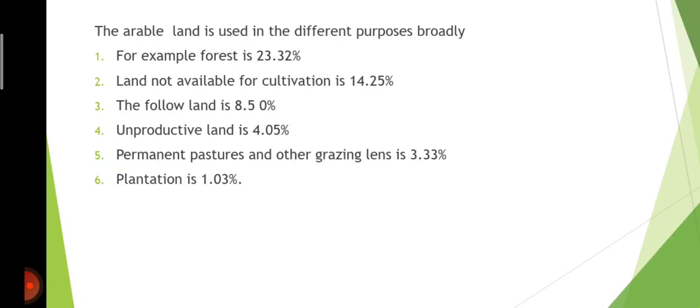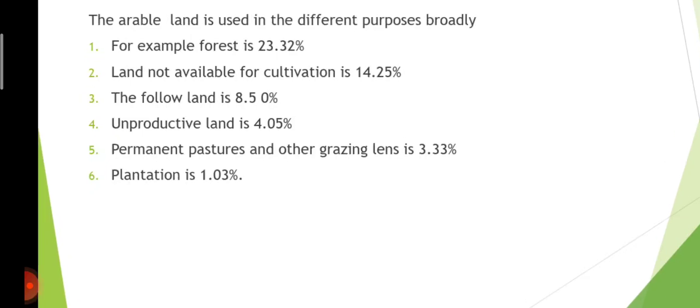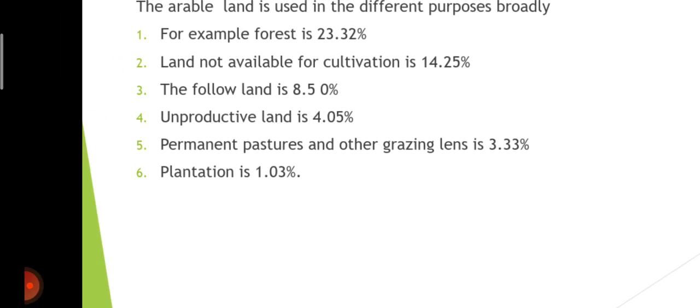Permanent pasture and other grazing land is 3.33%. And for plantation, it is 1.03%. So fallow land means the area which is not being used for any type of use, for agriculture or for others.